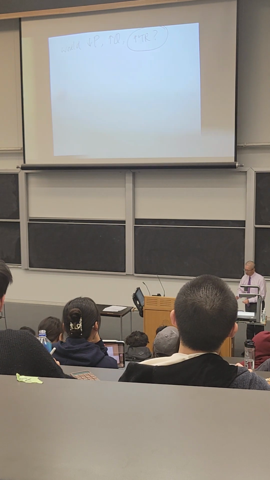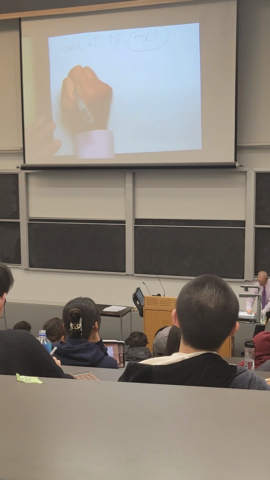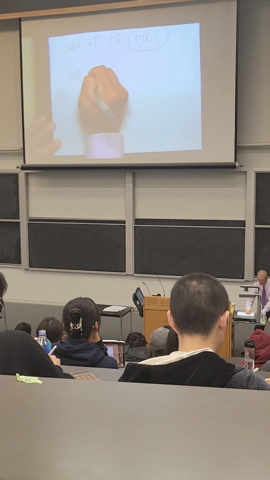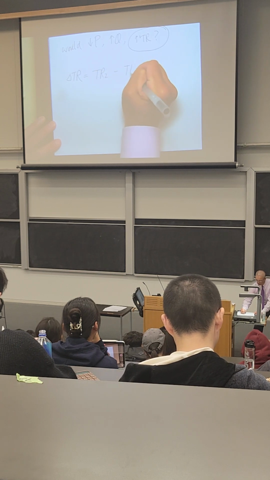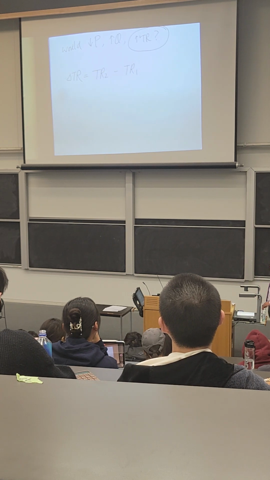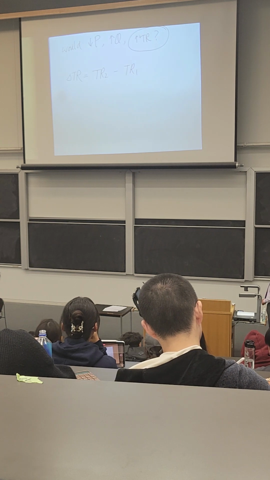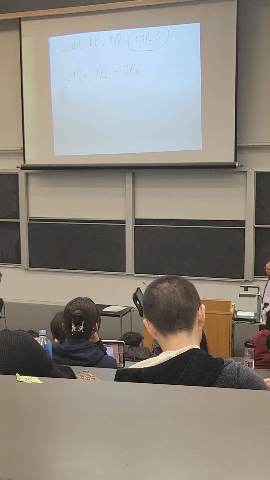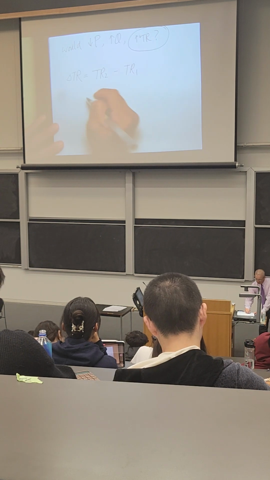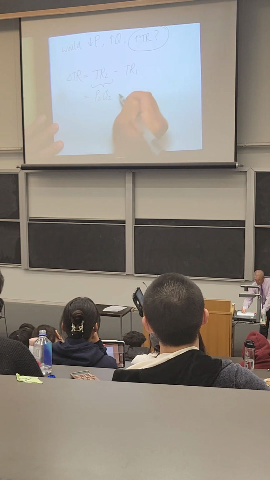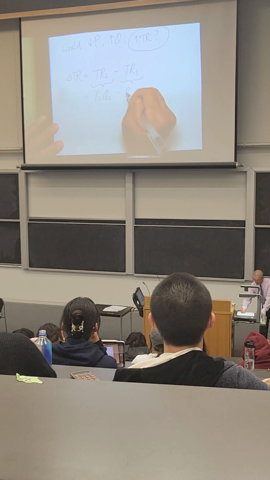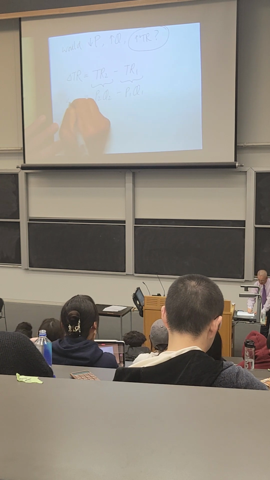In other words, the change in revenue is the new revenue minus the old revenue. We are lowering the price from P1 to P2. The new revenue is P2, Q2. The old revenue is P1, Q1.